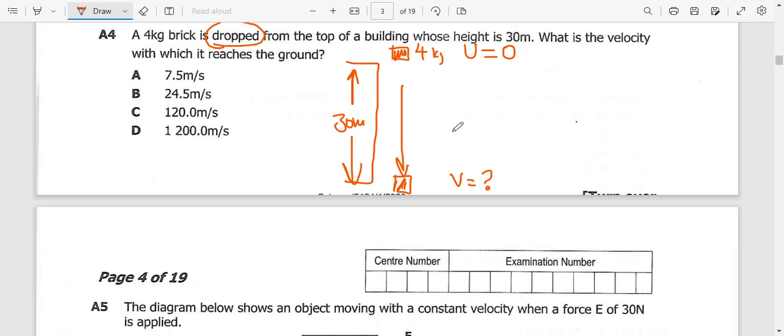Every time something is falling, the acceleration is the acceleration due to gravity, which is 10 meters per second squared. So we're going to look for an equation of motion that has initial velocity, final velocity, gravity, and height. Do you know any equation like that?